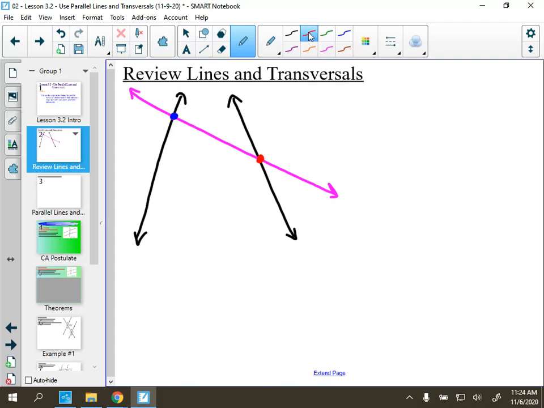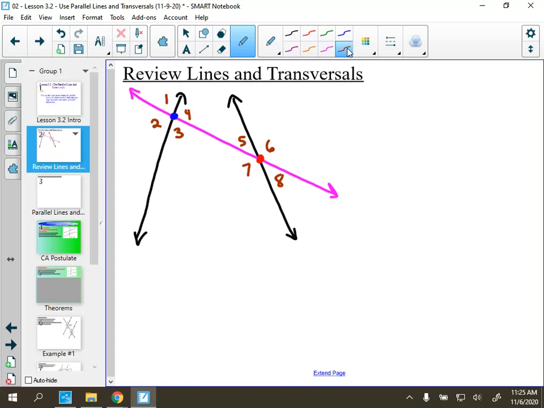And when we get that situation going on with two lines, like we're seeing here, the black line and the black line, when I get that intersection taking place, we end up creating these 1, 2, 3, 4, and then 5, 6, 7, 8 angles.